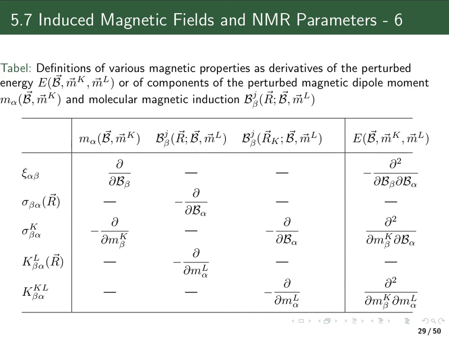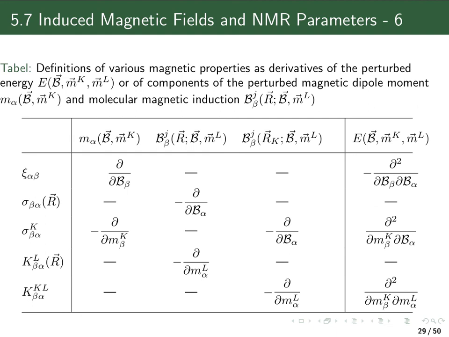We can also express some of these properties as derivatives of our molecular magnetic induction, here in the presence of the external field or of nuclear magnetic moments, where the shielding constant field is a derivative with respect to the external magnetic induction, and the indirect reduced coupling constant field is the derivative with respect to a nuclear magnetic moment.